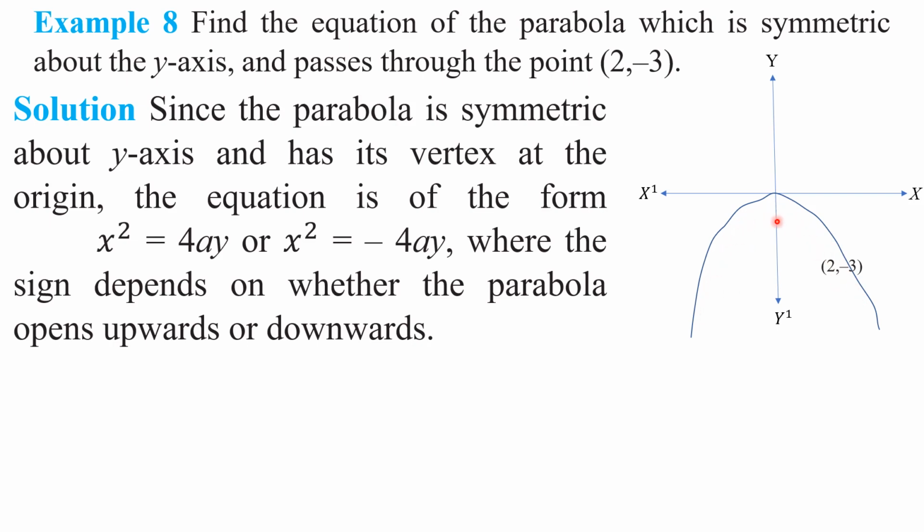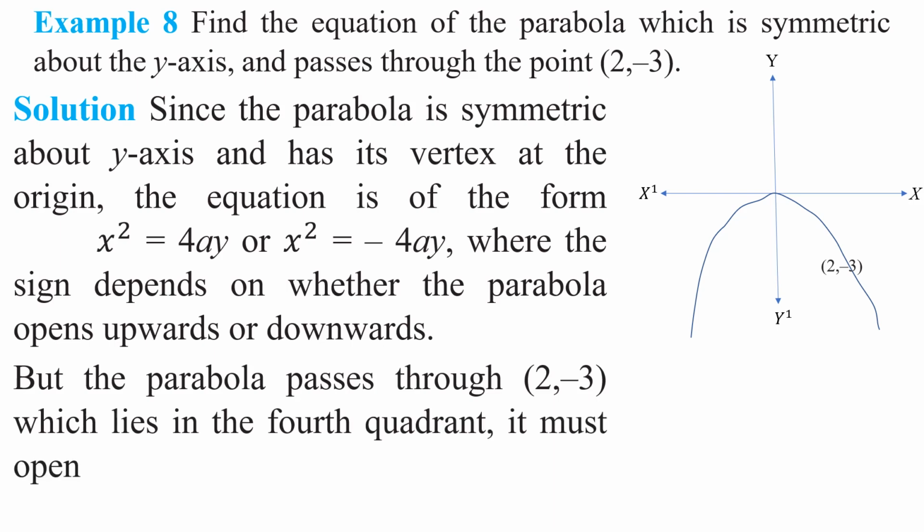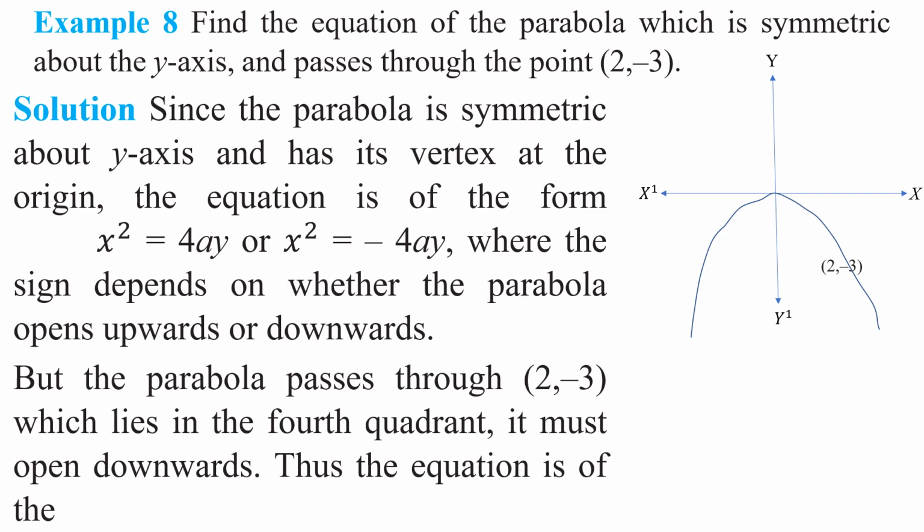But the parabola passes through the point (2, -3), which lies in the fourth quadrant, so it must open downwards. Thus, the equation is of the form x square is equal to -4ay. Understood this point?